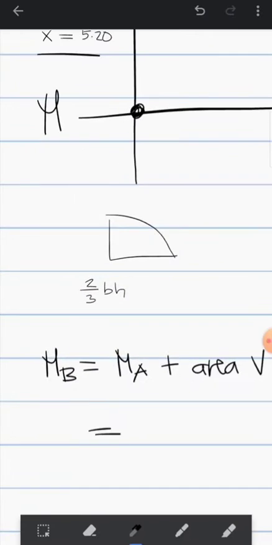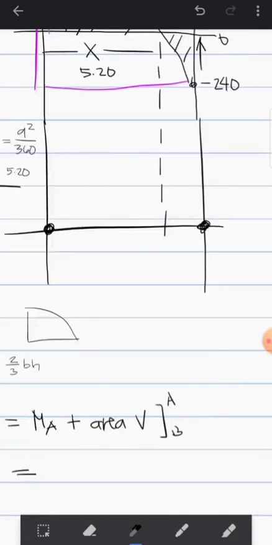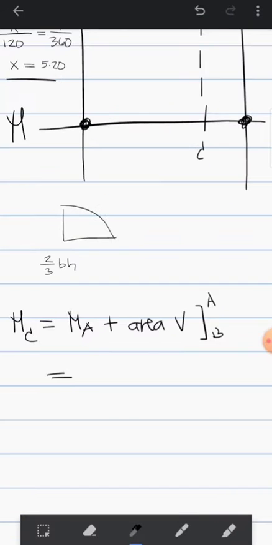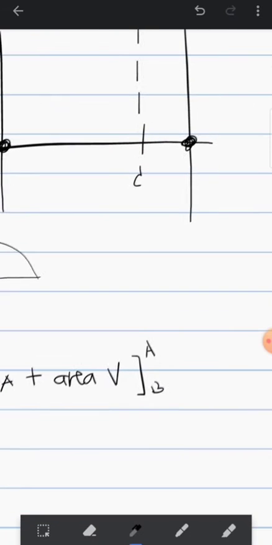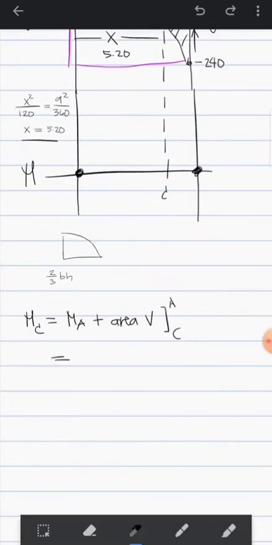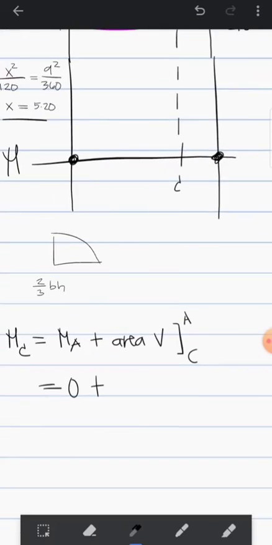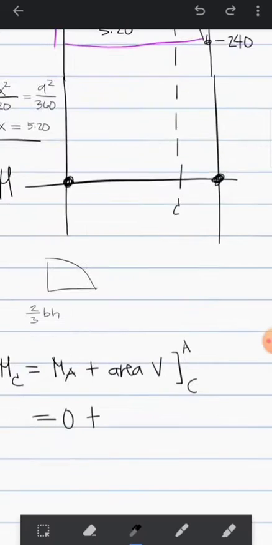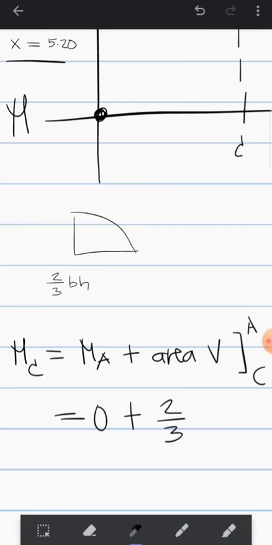This time, our point of interest is no longer at B, it's at C. So MC is equal to MA plus the area of the shear diagram from A to C. MA is 0 plus the area, which is a parabolic spandrel, so 2/3 base times height.